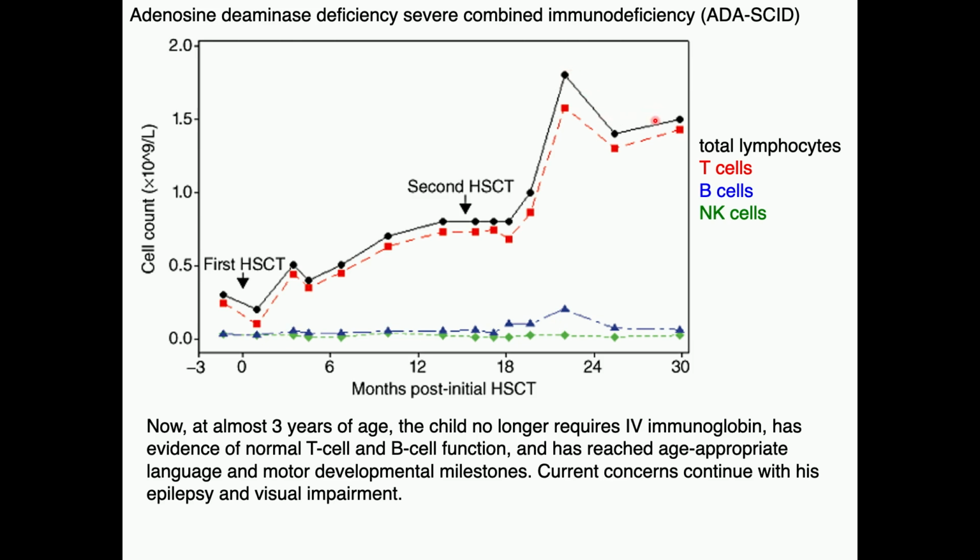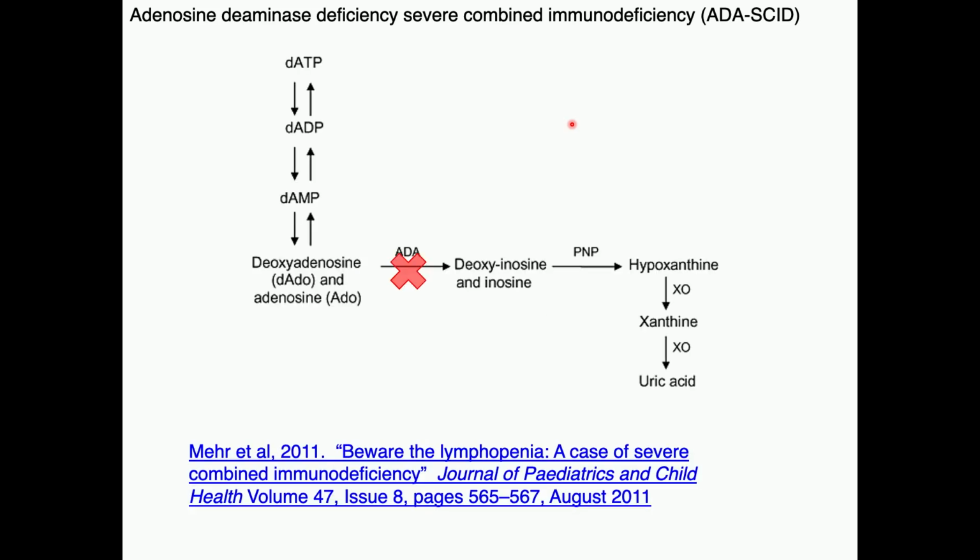Okay. So the T cells are the more abundant lymphocytes. The B cells didn't go up a lot, but at least the B cells are going to be functioning because B cells require T cells in order to function. So the pathology in this case, we have a deficiency in the adenosine deaminase.